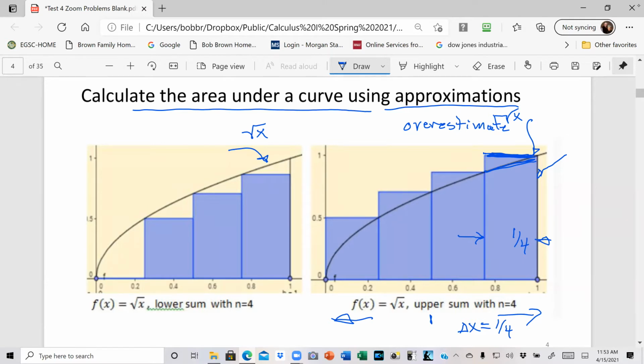You would do the same thing for the next one, and for the next one, and this will be an overestimate.